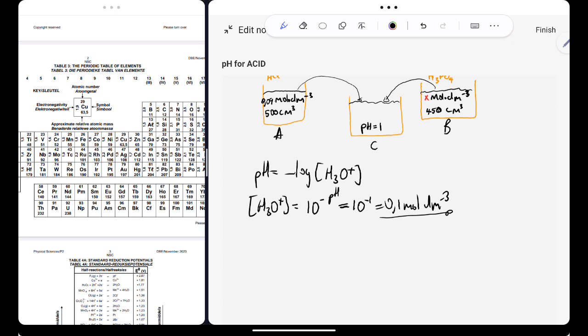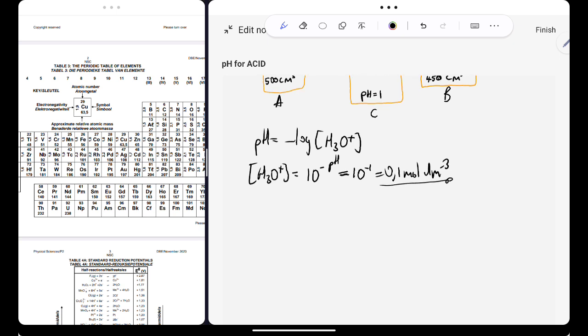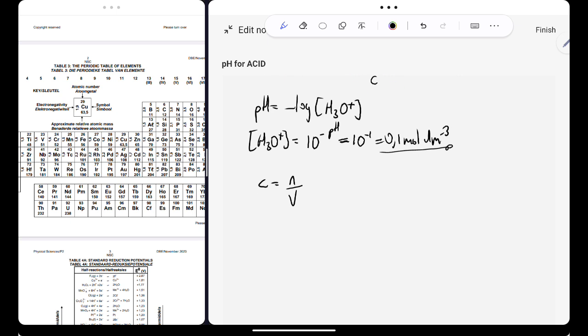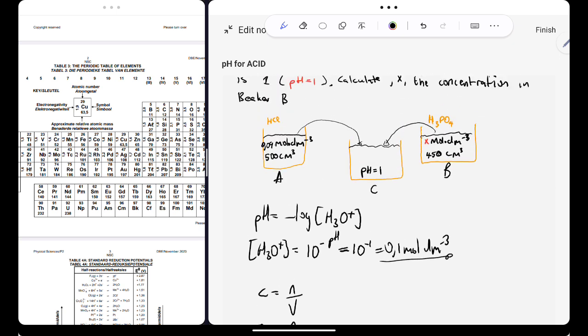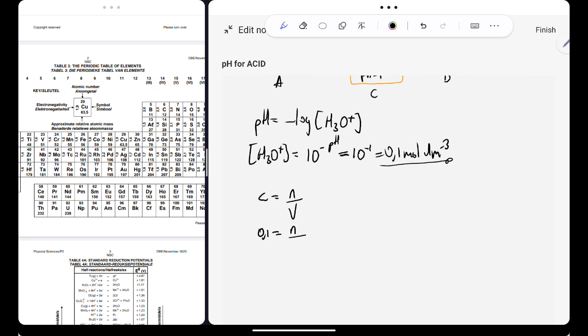Now I know the concentration of the hydronium ions inside beaker C. I can find the total number of hydronium ions present in the final solution of beaker C. How can I do that? I know that concentration is always number of moles over volume, right? The concentration is 0.1. I don't know what the number of moles are, but the volumes are additive. I have 500 cubic centimeters of HCl and 450 cubic centimeters of the phosphoric acid.